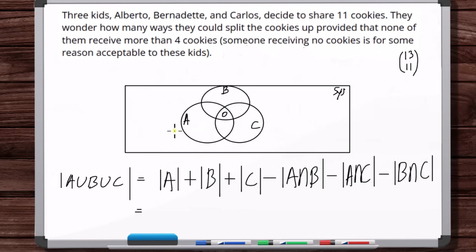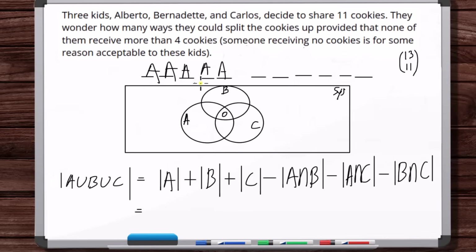What is all of the ways, the number of outcomes where Alberto has 5 or more cookies? Well, you've got 1, 2, 3, 4, 5. There's Alberto. Now you're left with 1, 2, 3, 4, 5, 6. But order doesn't matter here.